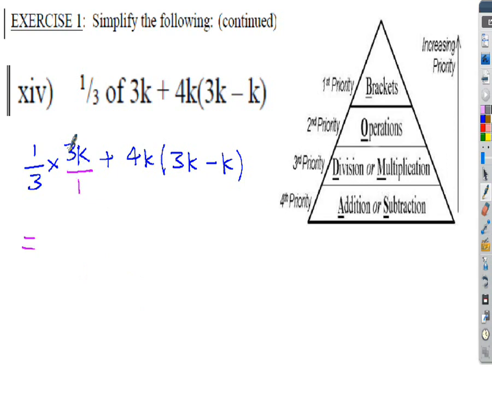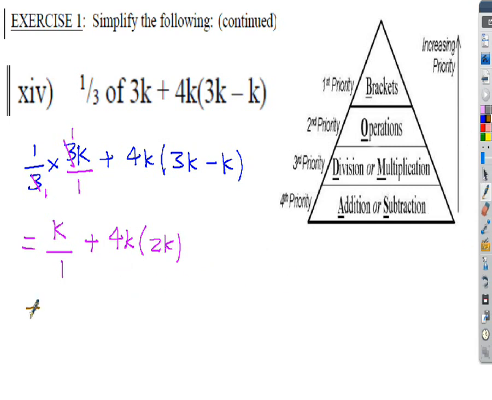So on the next line, and notice simplification here, that this 3 and this 3 cancels to give 1 and 1. So multiplying the numerators, that's going to be k divided by, multiplying denominators, 1. Added to that, 4k multiplied by, in the brackets, 2k. Our precedence now lies with the 4k multiplied by 2k here.